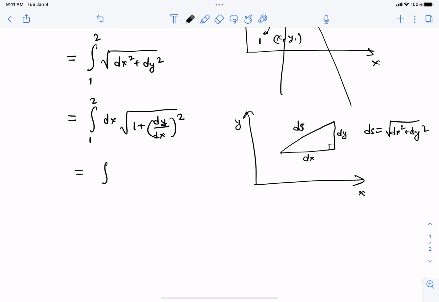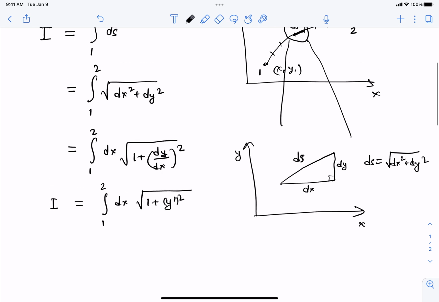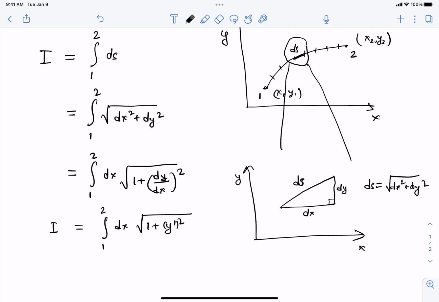It is simply y prime. So this integral I, which was the length of the curve from point 1 to point 2, is I equals the integral from 1 to 2 of dx times the square root of 1 plus y prime squared.